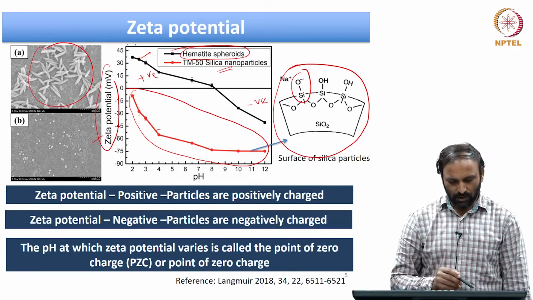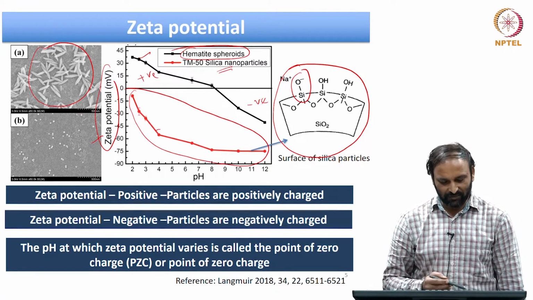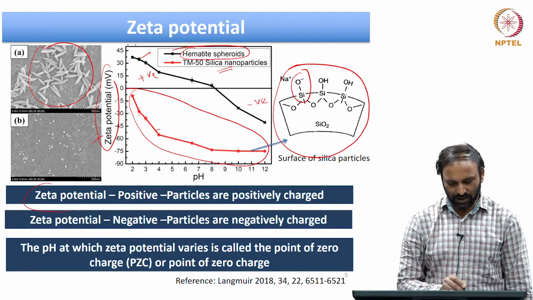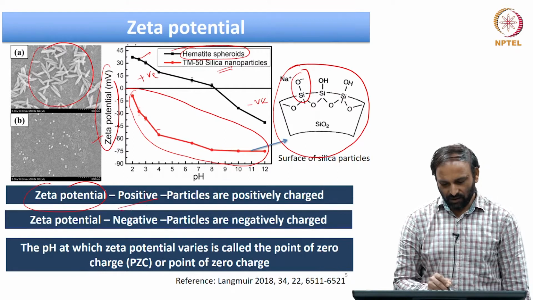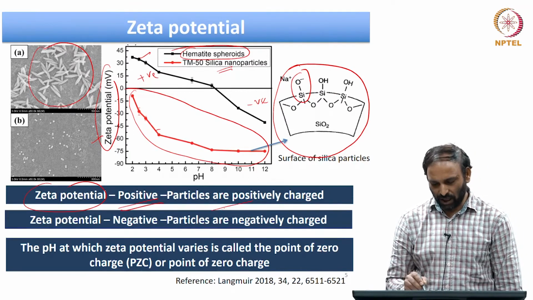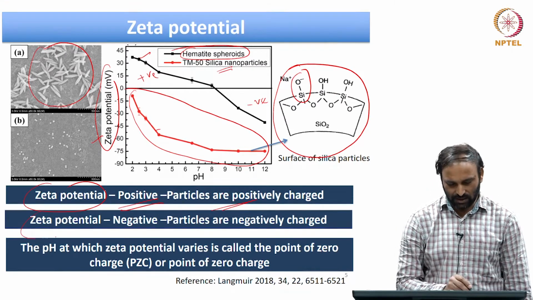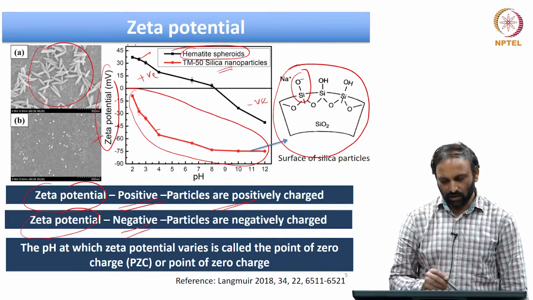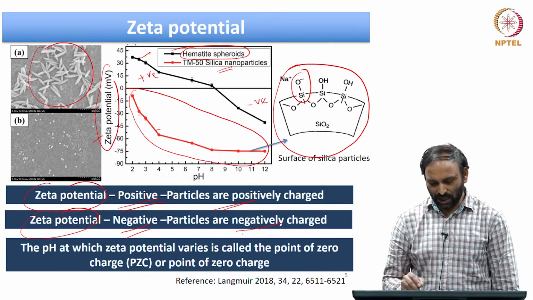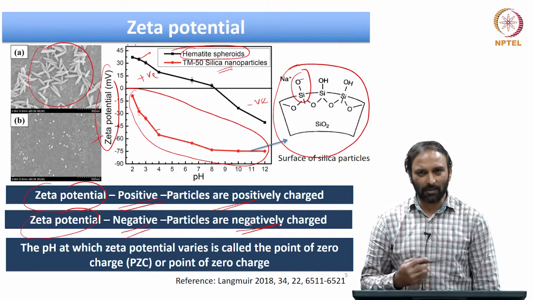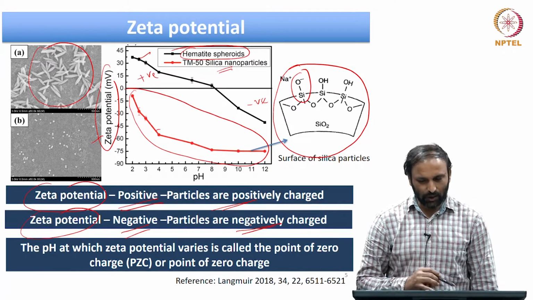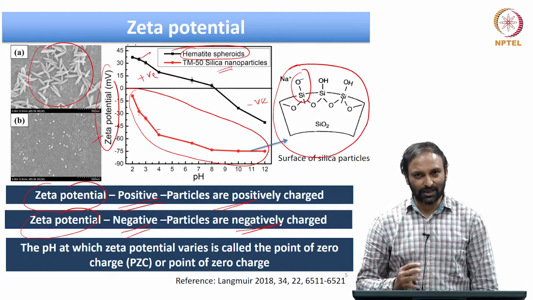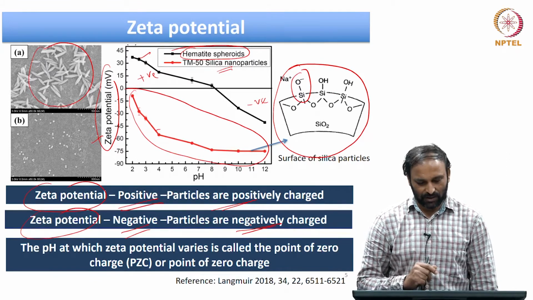So by convention the zeta potential is positive for particles that are positively charged, and negative for particles that are negatively charged. And you would always come across cases where under certain conditions the zeta potential is 0 as well.